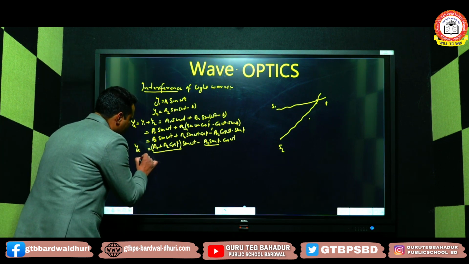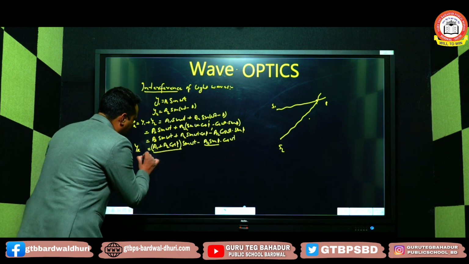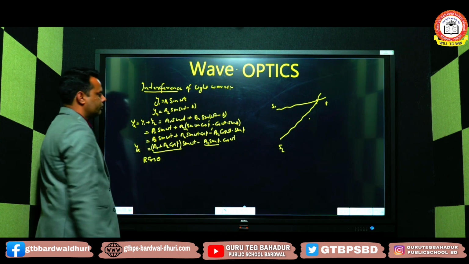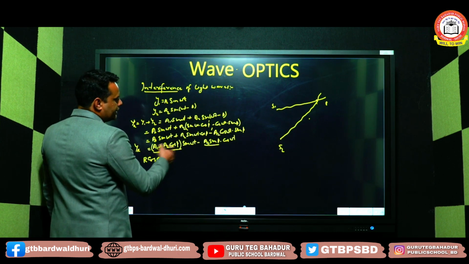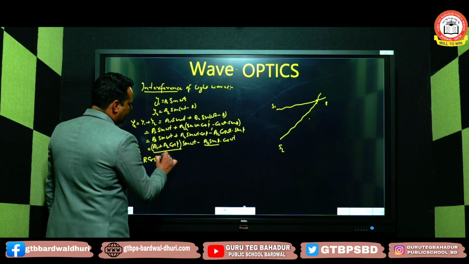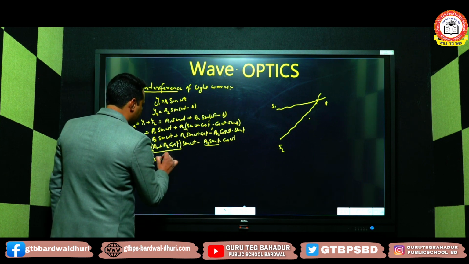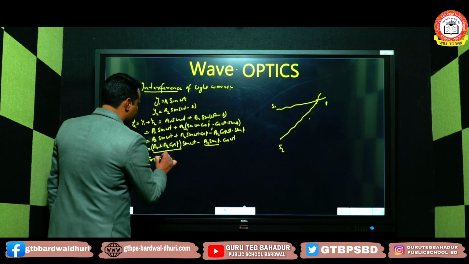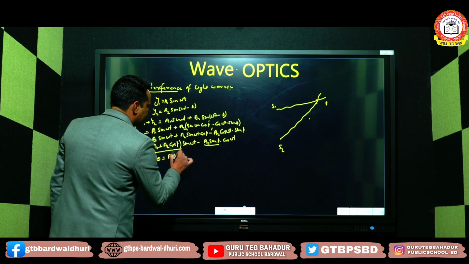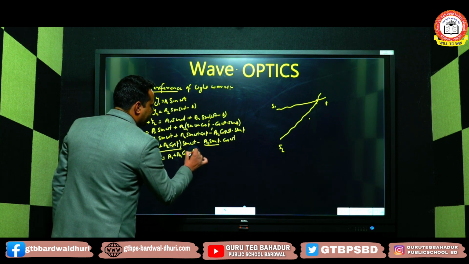Say the coefficient which is with sine, I need to write down as r cos theta. The coefficient which is with sine, we should put it as r cos theta is equal to a1 plus a2 cos phi.